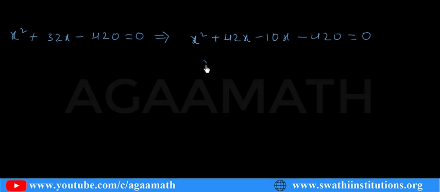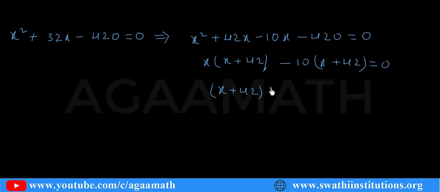Now x of x plus 42, minus 10 of x plus 42 equals 0. If I take x plus 42 as common, then x plus 42 of x minus 10 equals 0.